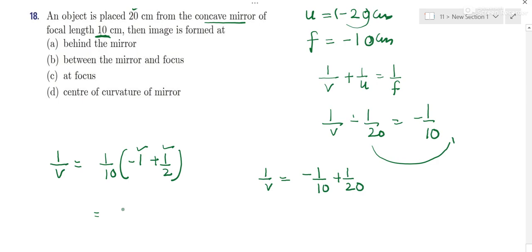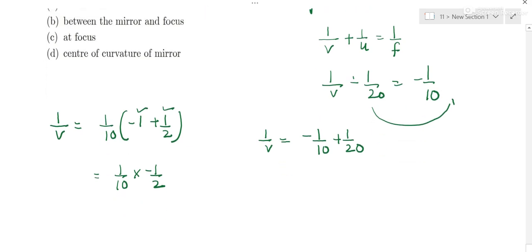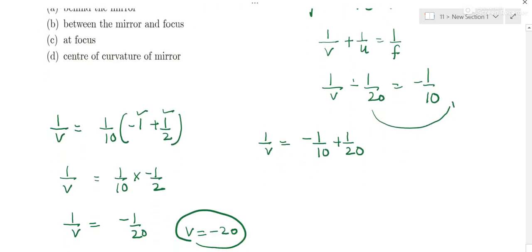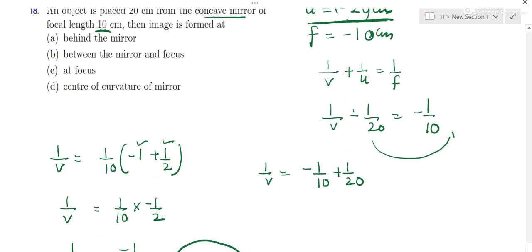So it is minus half. You can take LCM if you wish. So it is coming as minus 1 by 20. So v is coming as minus 20. So the object was also at minus 20, and the image is also at minus 20. So it is like at C, you can say at the center of curvature.